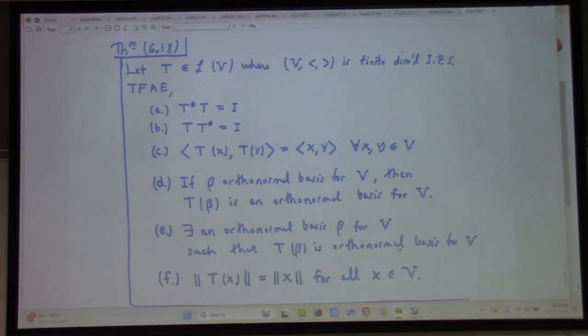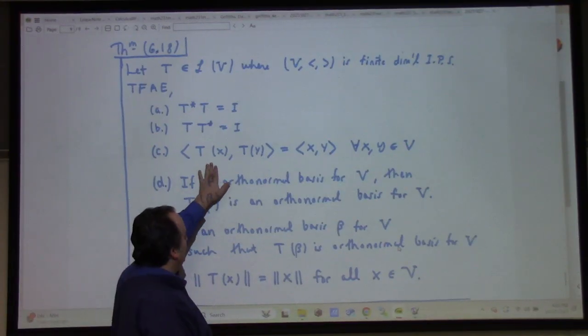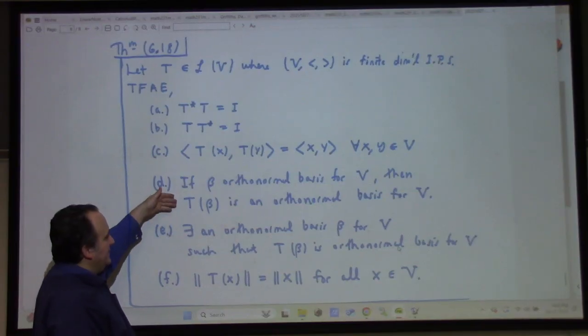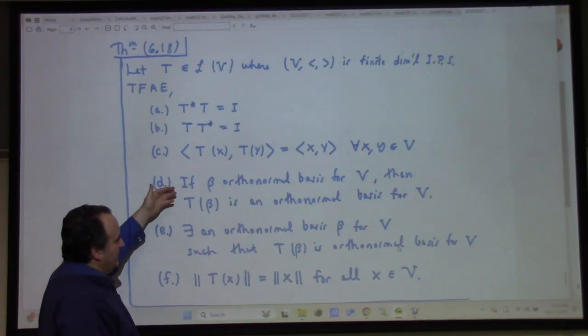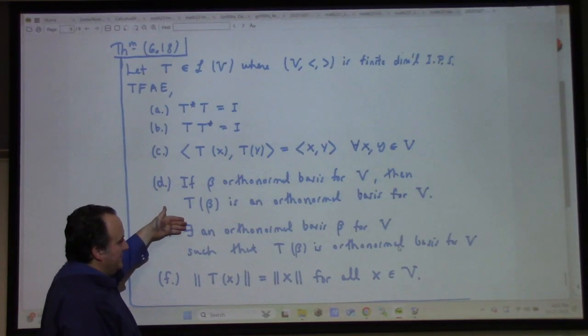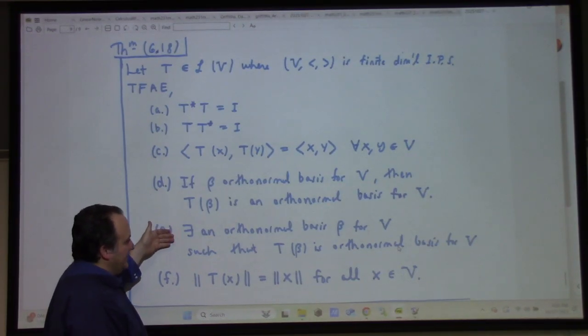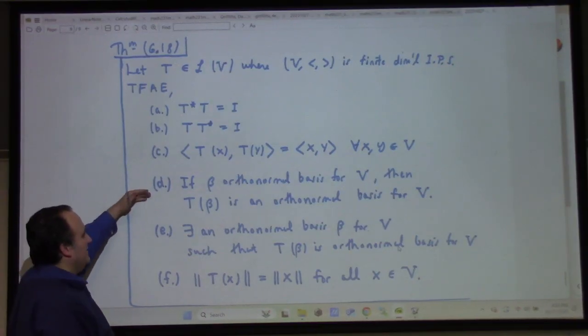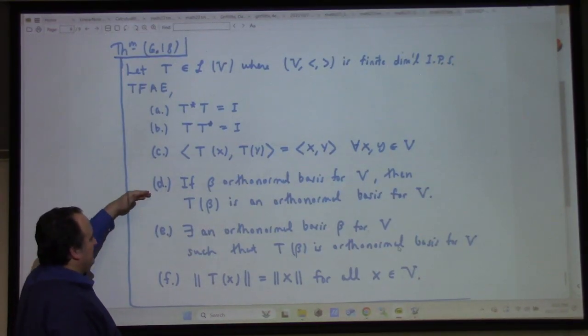T star T equals I, T times T star equals I. The inner product of T of X and T of Y is equal to the inner product of X and Y. If beta is an orthonormal basis, then the image is orthonormal. Well, there exists an orthonormal basis such that the image is an orthonormal basis. I've probably not done justice to the grammar here.